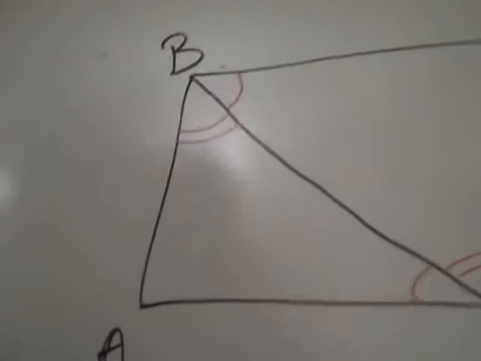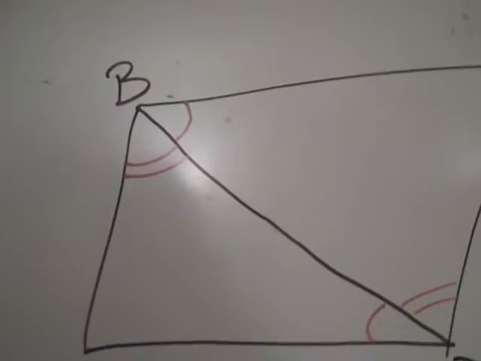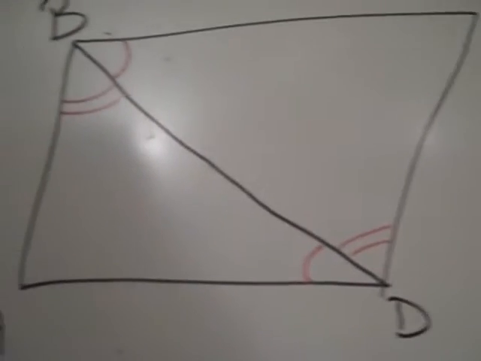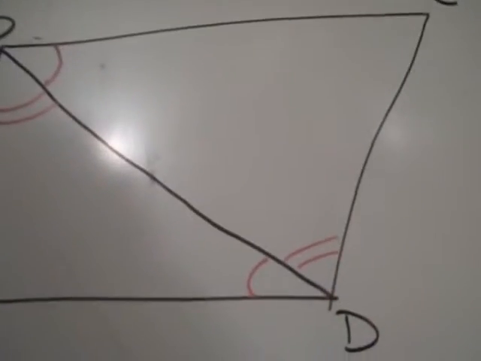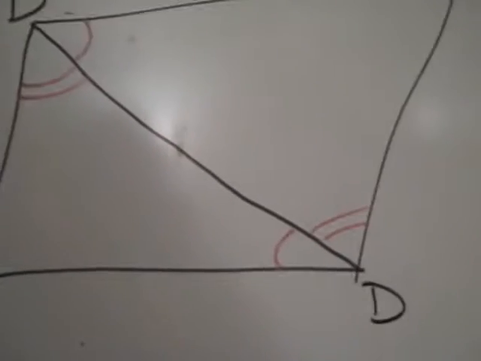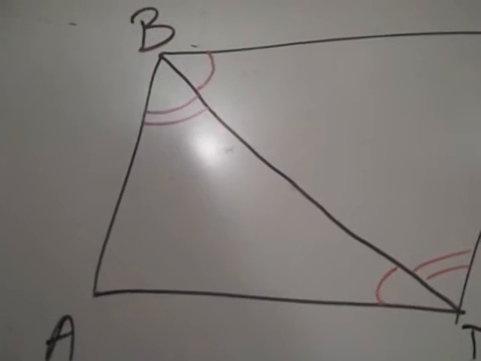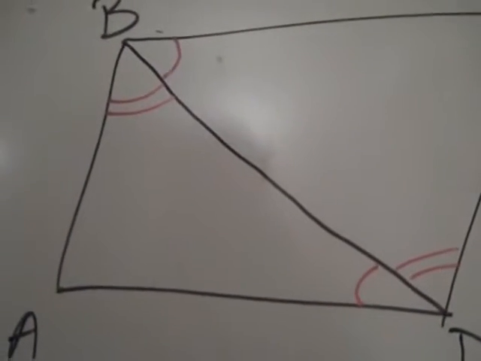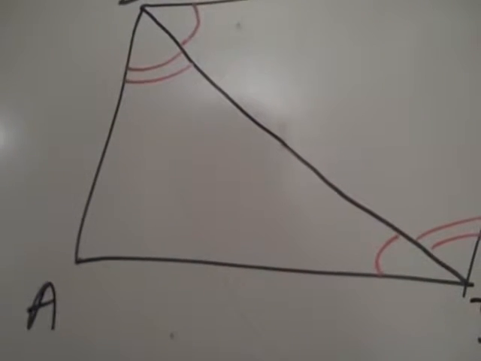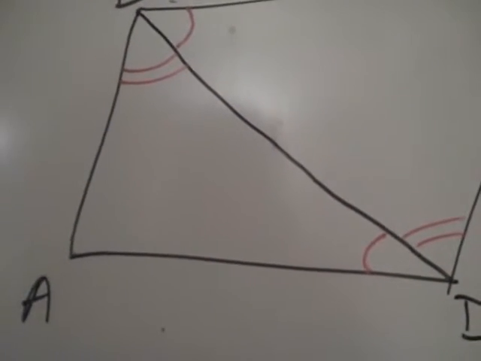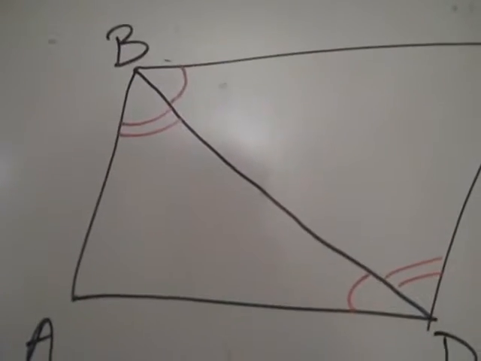And I've already marked them with corresponding marks. The 2 angles with 1 mark are congruent because of the parallel lines. The 2 angles with 2 marks are congruent because of the parallel lines. And I've also subsequently in the proof put 1 mark next to the angle names and 2 marks next to the angle names for those particular pairs of congruent angles.